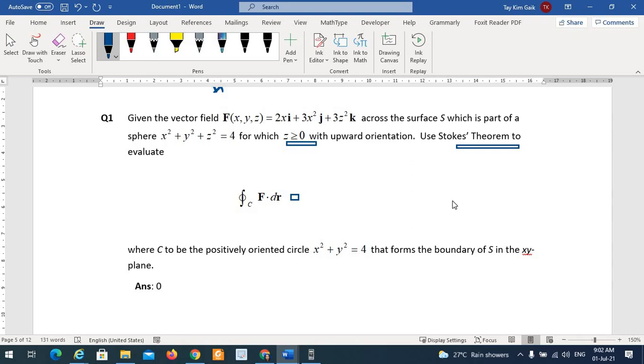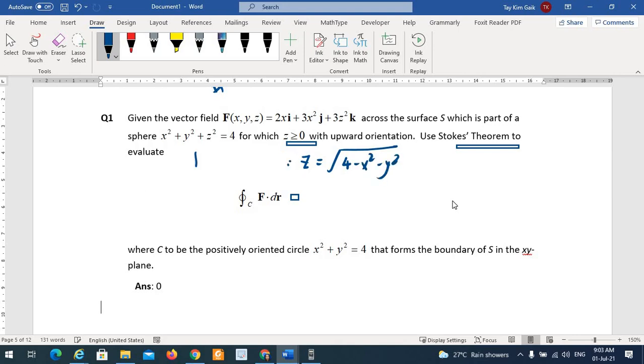So you see x squared, y squared, z squared are all positive and the sum equals 4. This is a surface, but only the part where z is greater than or equal to 0, which means you actually have a hemisphere, because z greater than or equal to 0 means z is the square root of 4 minus x squared minus y squared.